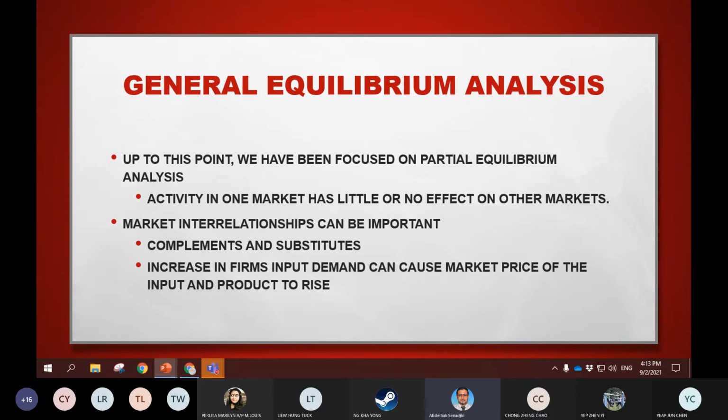If the price of petrol increases, people may not drive to Kuala Lumpur or Penang, and rather use public transport. So the energy price increase leads to a shift in the demand of another market. The same for a firm: an increase in a firm's input demand can also cause the market price of the input and the product to rise, and vice versa.